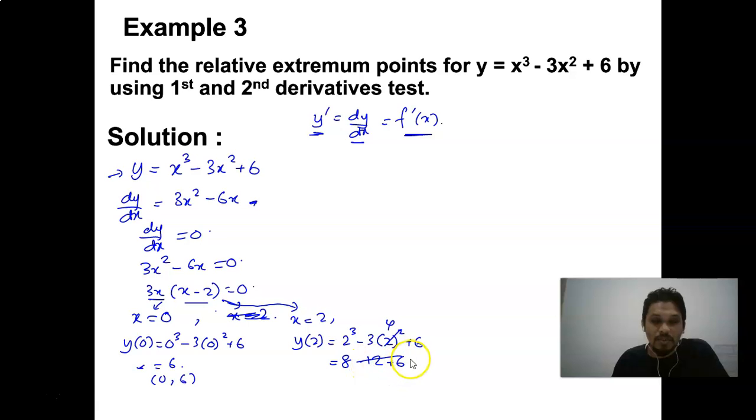So 6 minus 12 is negative 6, negative 6 plus 8 gives 2. So the coordinate is (2, 2).